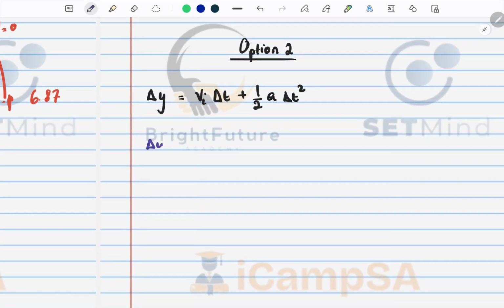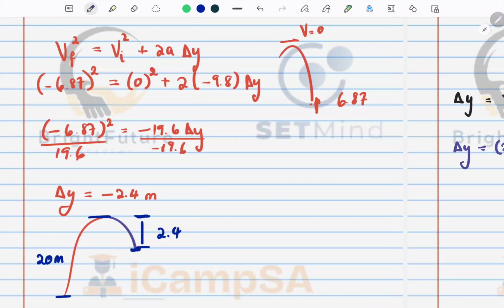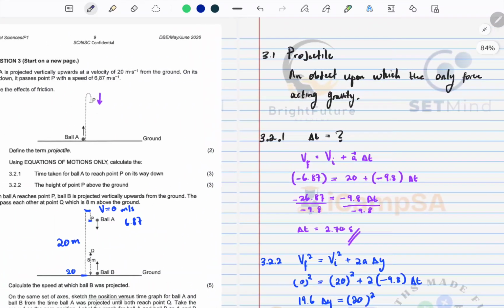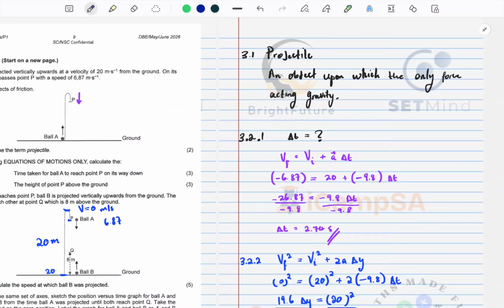So you're going to have delta Y equals V initial, which is going to be your 20 meters per second because it's moving from the ground. And then we calculated the time, our delta T. Okay, remember this was the time to reach point P, right? So use your 2.74.